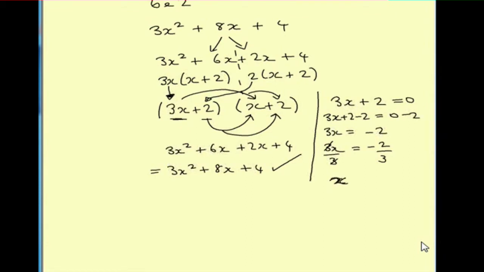And then the last one, x plus 2 equals 0, and we take 2 from both sides. So x equals minus 2. So the solution to 3x squared plus 8x plus 4 is x equals minus 2/3, or it equals minus 2.